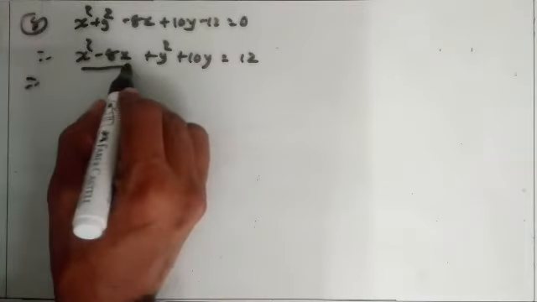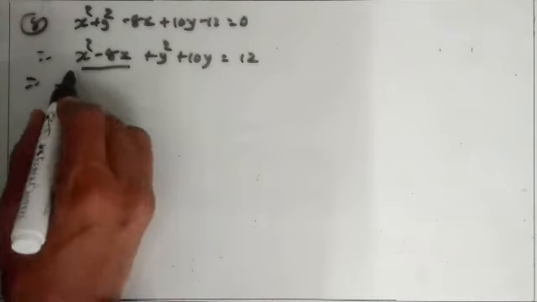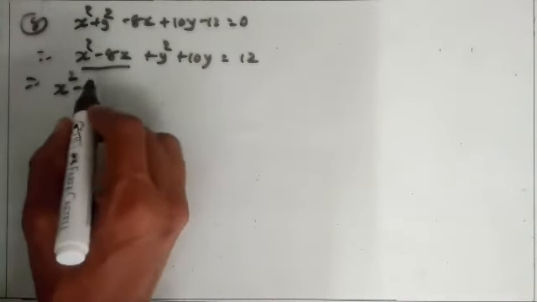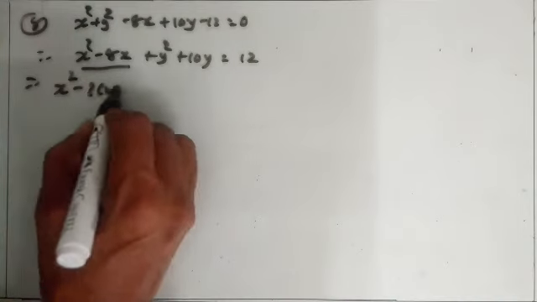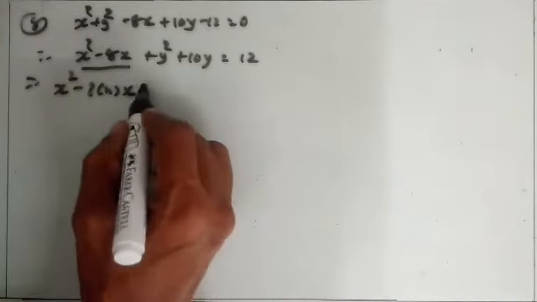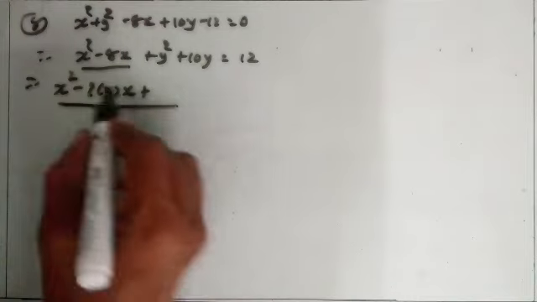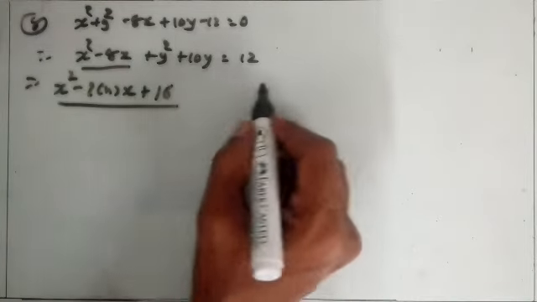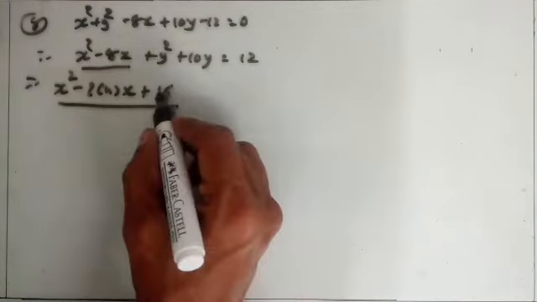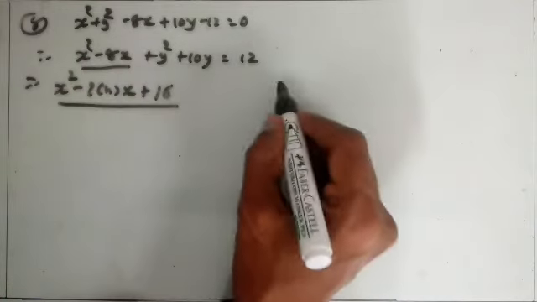Now make it a perfect square by adding some numbers. For x^2 - 8x, that is 2 into 4 into x, to make it a perfect square add 4 squared, which is 16. Here we add 4 squared, that is 16, on both sides.